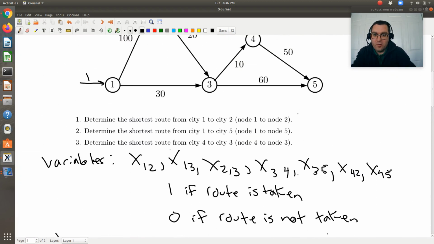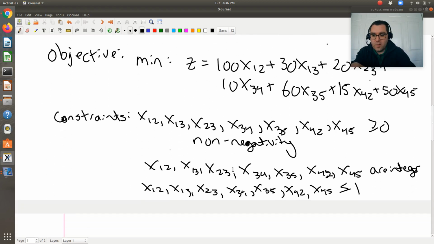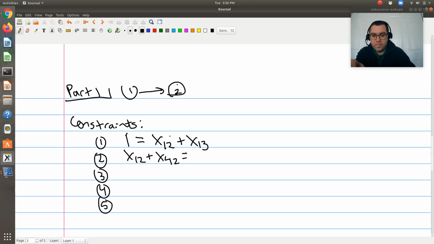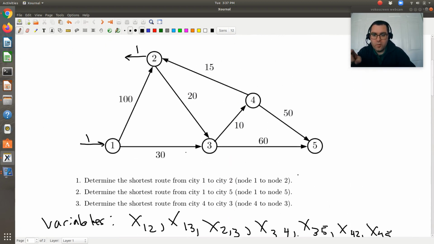So if I go to node 2, first I'm going to sum up my entering routes. I'm going to have x12 coming in and x42 coming in. So I'm going to write this as what's going in: x12 plus x42.